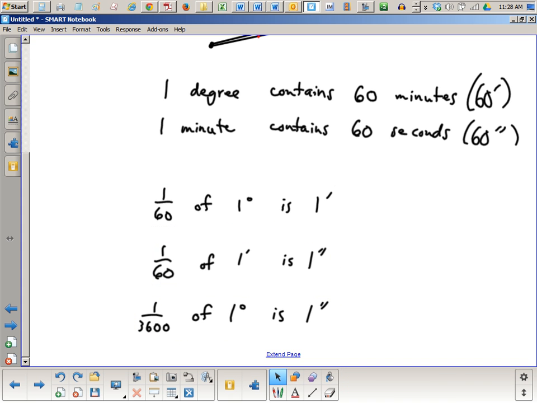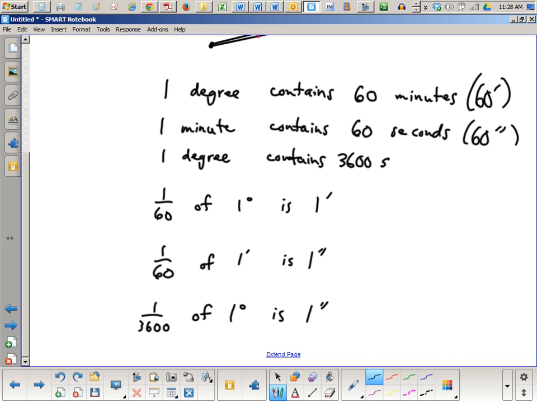So what I'm saying is we can also add a statement up here. 1 degree contains 3,600 seconds, just like an hour contains 3,600 seconds.